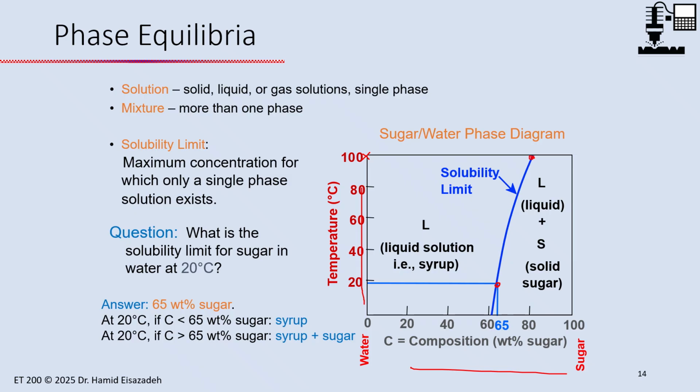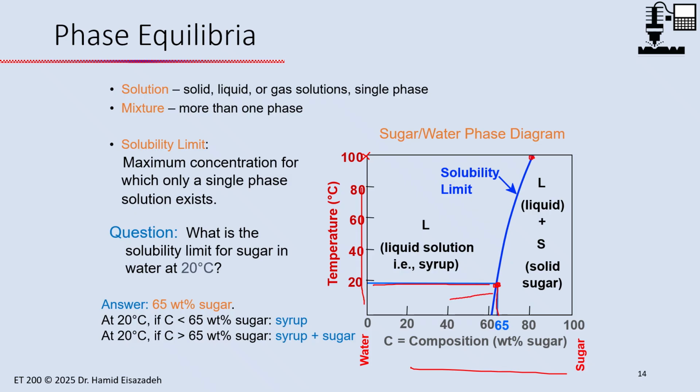I want you to pay attention to this part. What are the phases that are available at this temperature, 20 degrees Celsius and 65%? It depends. If you are here, you have only syrup.